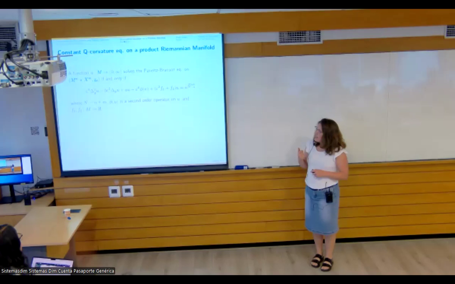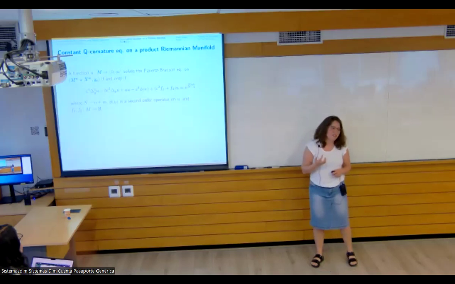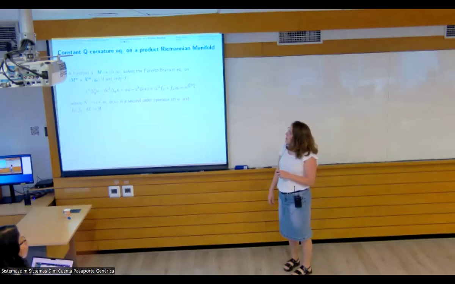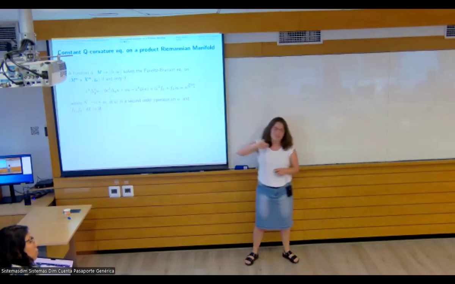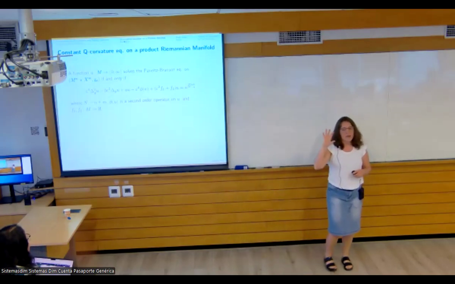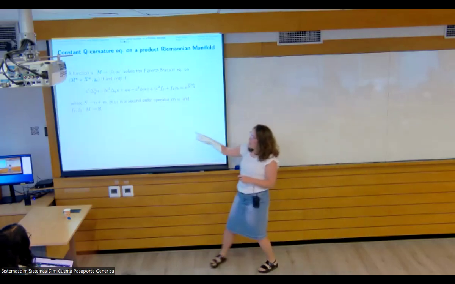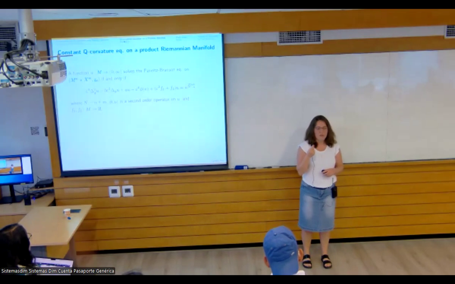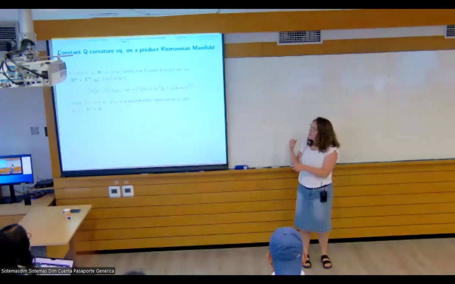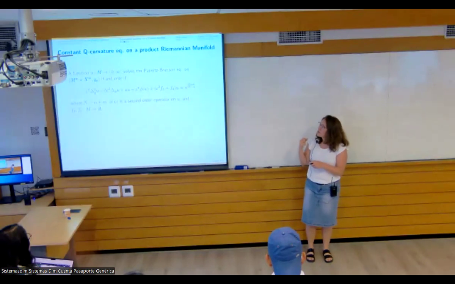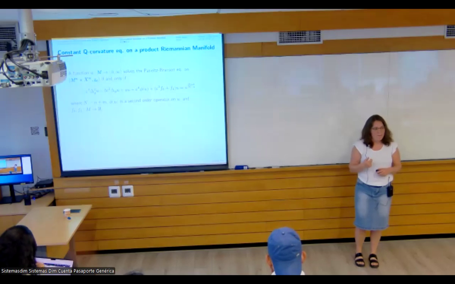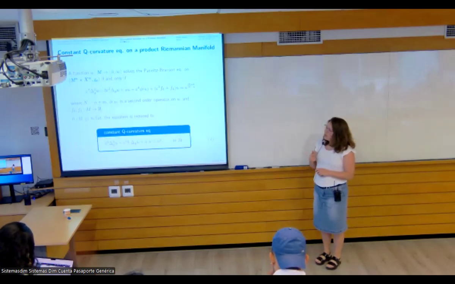And the equation will look like this: the main term, the bi-Laplacian times epsilon to the 4, and on the right-hand side, we will have u to the critical power for the product dimension, N is m plus n. So that will solve our first problem. This is an equation on M, and this critical exponent will be less than the critical exponent on M.